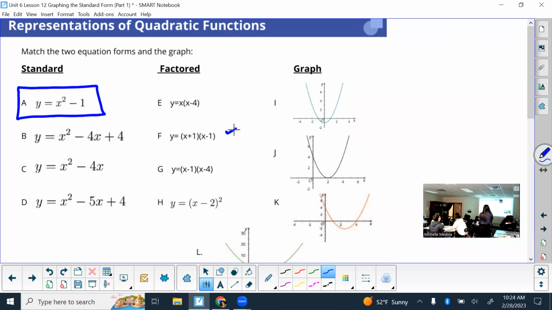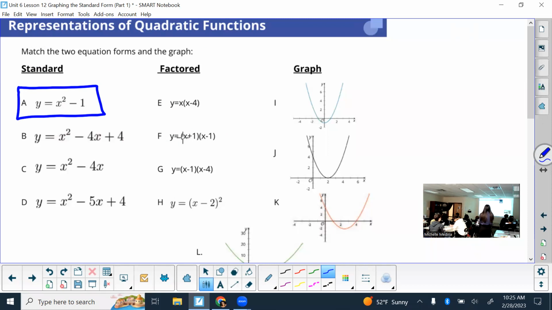So let's see. Here, there is a way to go from standard to factored form, but we're not doing that in this unit. That'll be unit 7. However, we did teach you how to multiply this out, because factors, you multiply them by foiling, right?